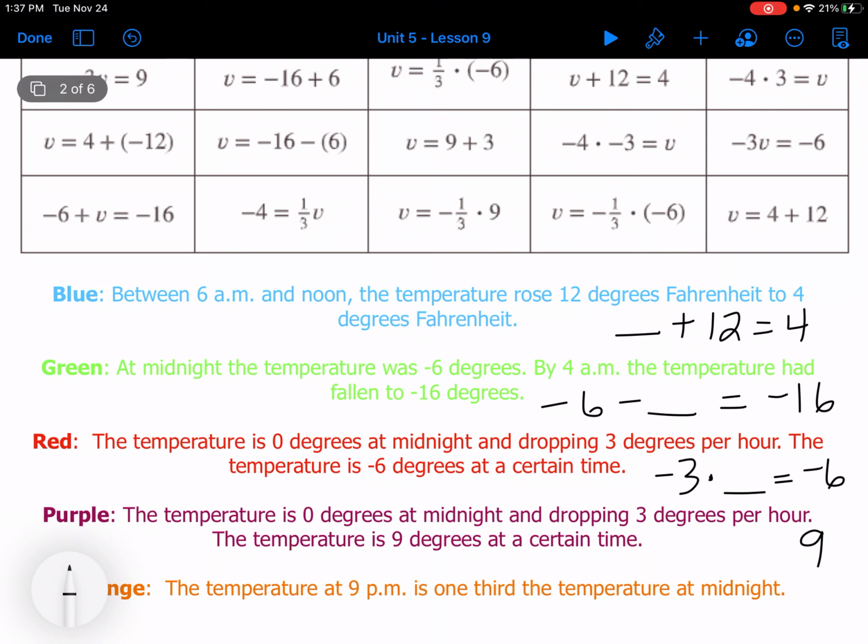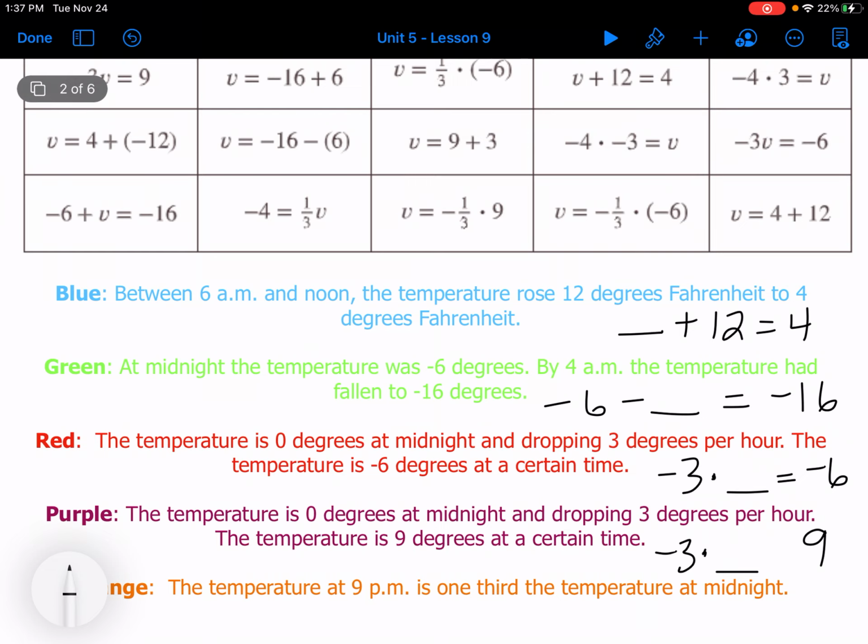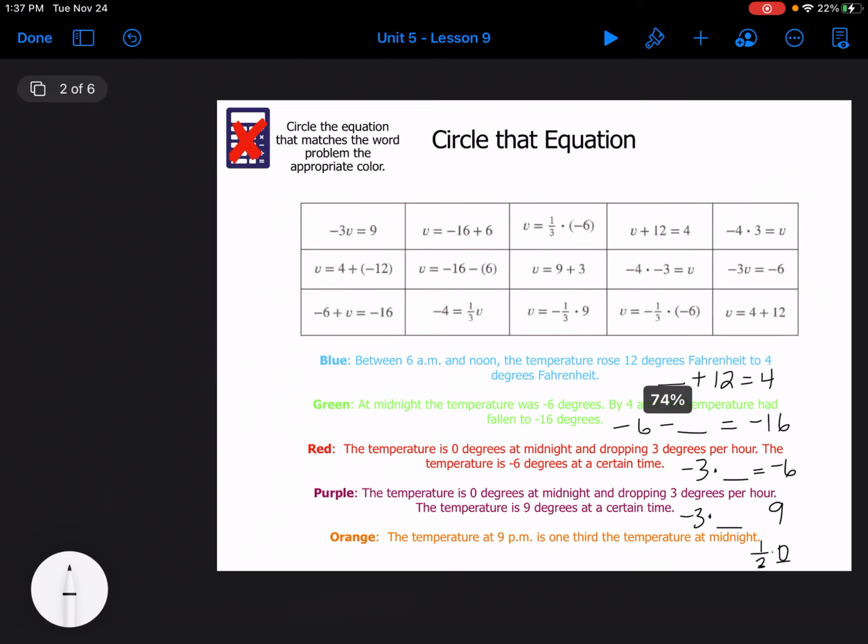So it's dropping 3 degrees per hour, so that would be -3 times something. Okay, the temperature at 9 is 1/3 the temperature at midnight. So 1/3 times something. So maybe the temperature at midnight was 0. Not sure. Let's think about it.